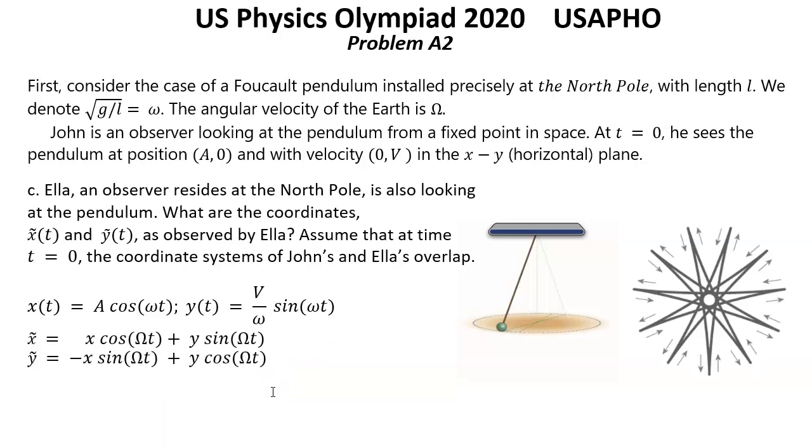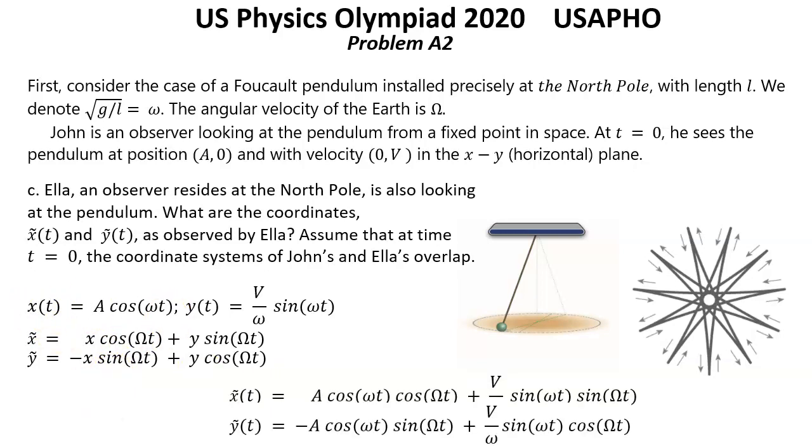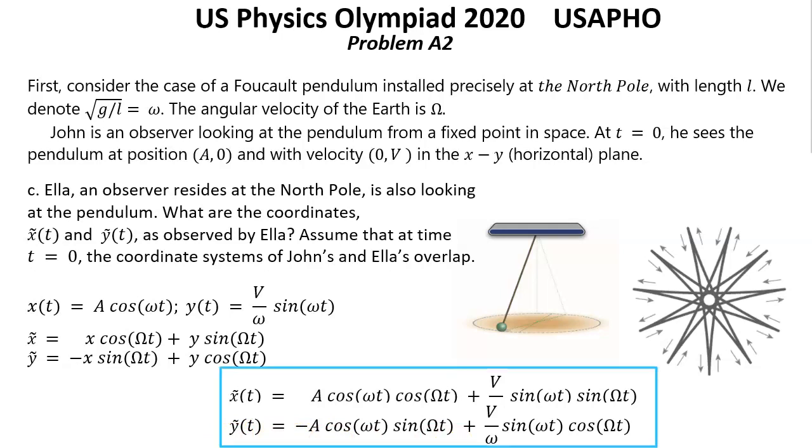If we put x and y in frame of reference L, we have x tilde equal this expression and y tilde this expression. This is the answer for question C, and that was the solution for this question.